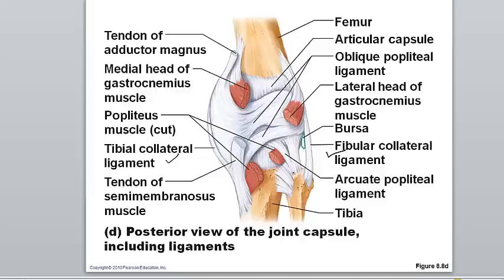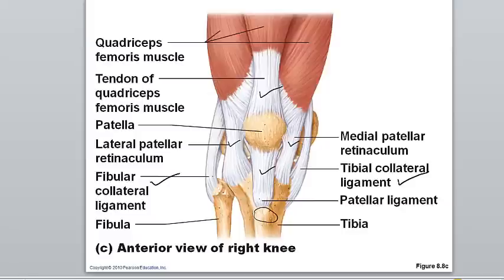This is your posterior view, hence the fibula is towards the lateral. You also have a bunch of other ligaments from other muscles forming an extensive support system in your knee. We're not going to talk about all of them. All I want you to focus on is the tibial and fibular collateral ligaments, as well as the patellar retinaculum, patellar ligament, and quadriceps tendon of your knee joint.